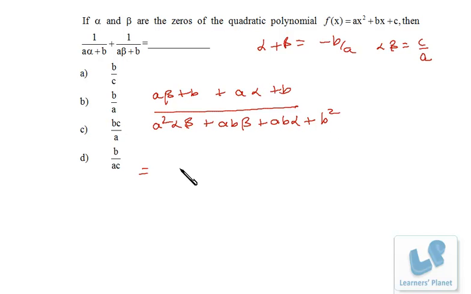So in the numerator it's a plus b, then it's a alpha plus a beta, right? Sorry, it's b and b. So 2 times b we are having, then plus we can take a as common.